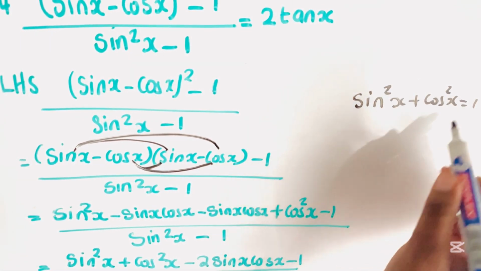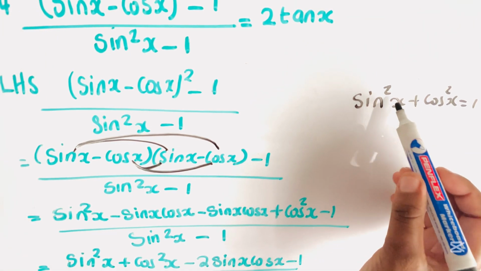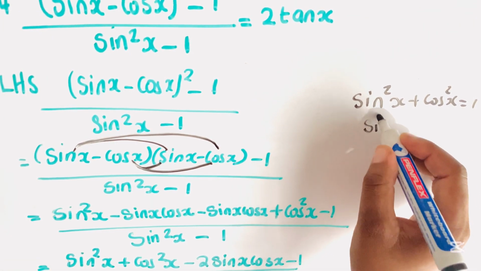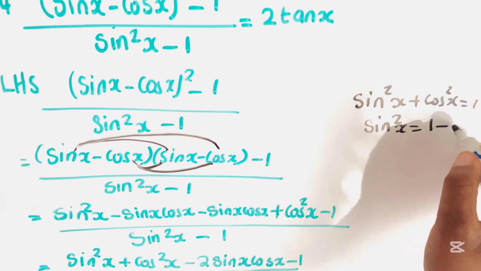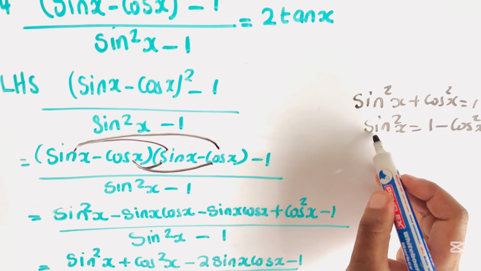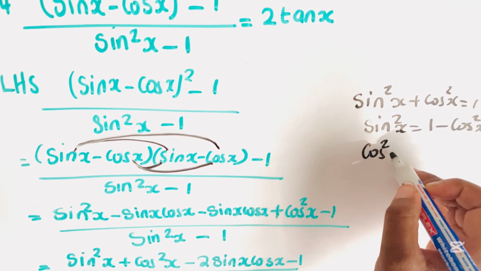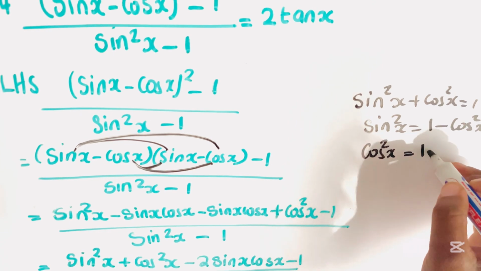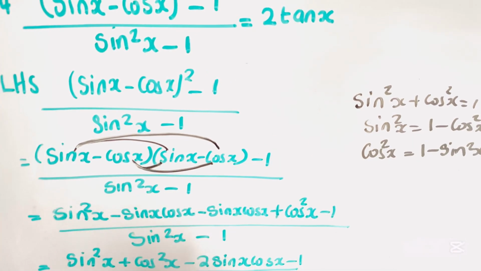So we can manipulate this formula. If we want sine squared x, we can make sine squared x the subject of the formula by transposing the cos squared to the other side. If you want the cos squared x, it means the cos squared x is 1 minus sine squared x.